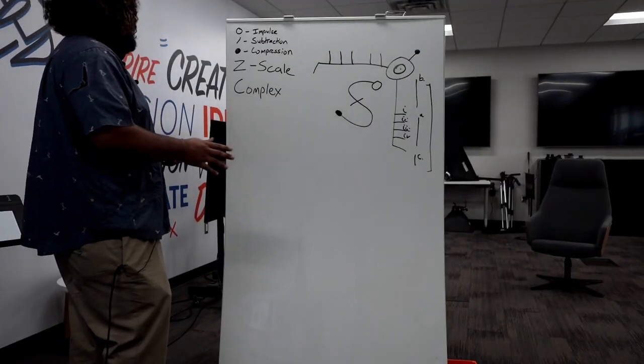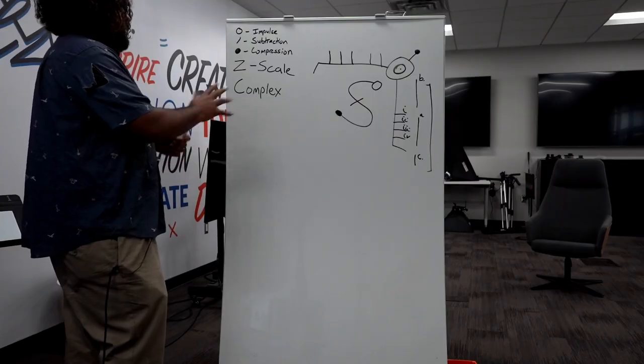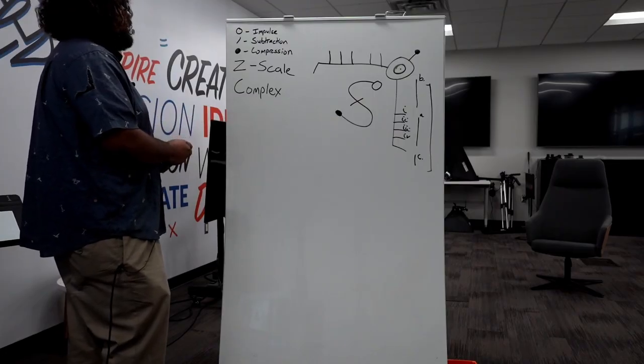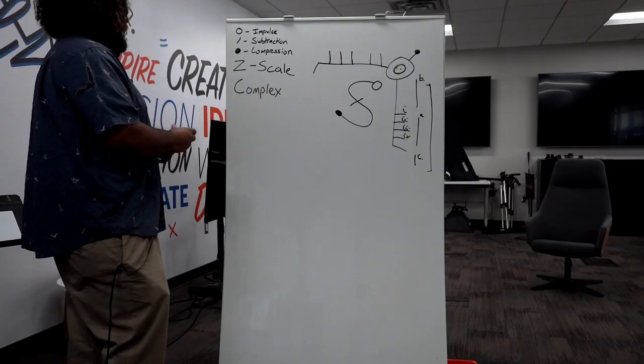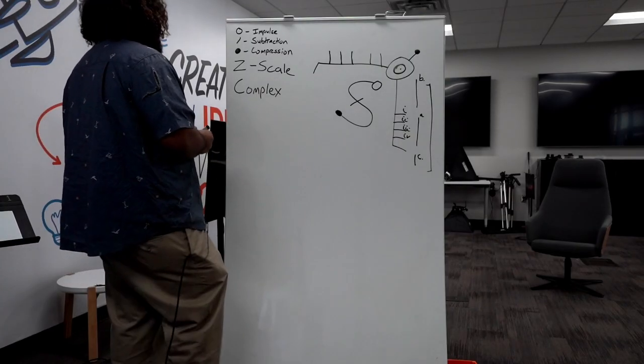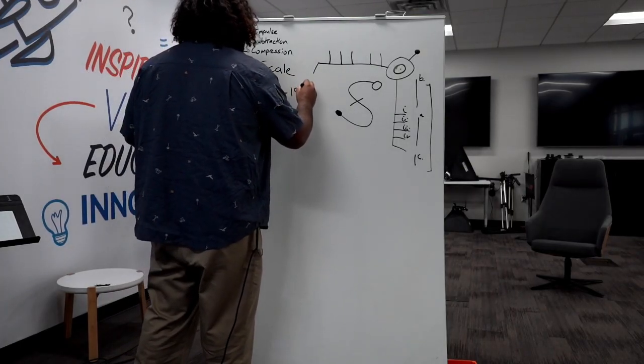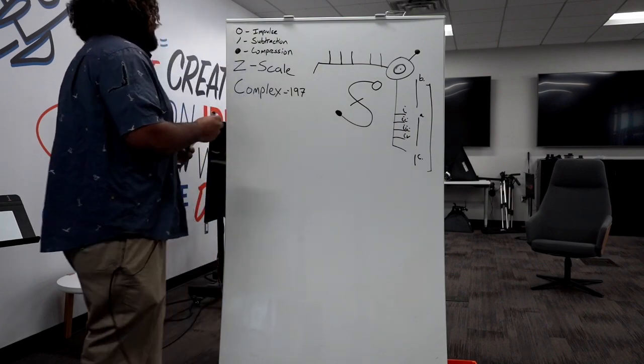Complex communication starts at the maximum of the Z scale, and the range that we define is from negative 197 and beyond.